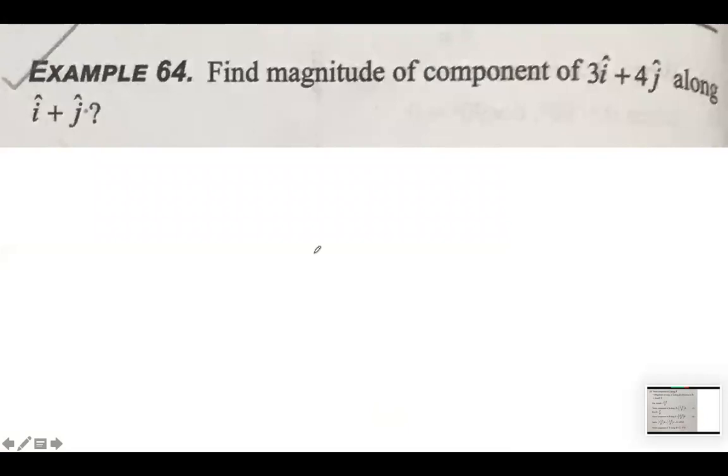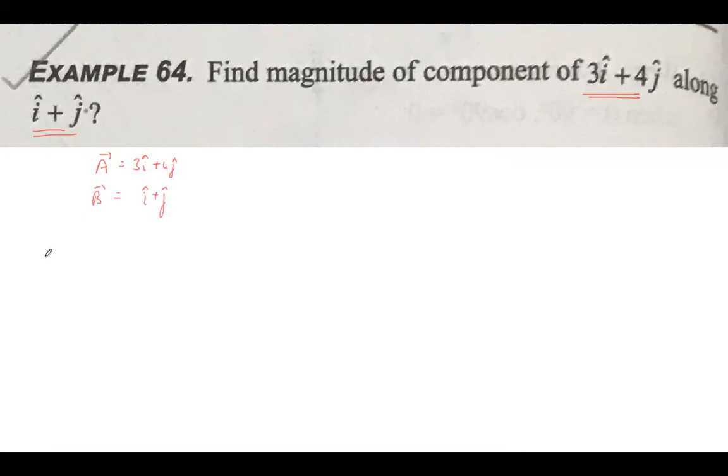Now let's say we have to find the magnitude of the component of 3i plus 4j along i plus j. So your vector A becomes 3i plus 4j, and vector B is i plus j.